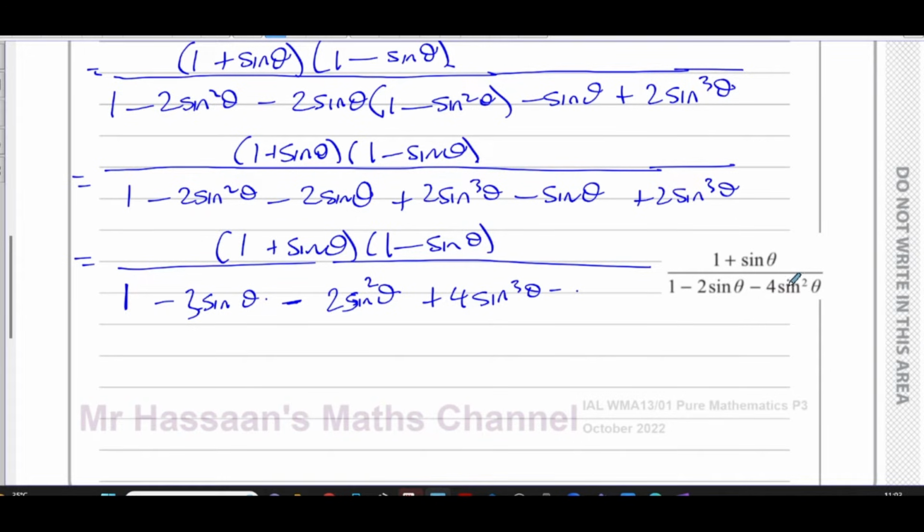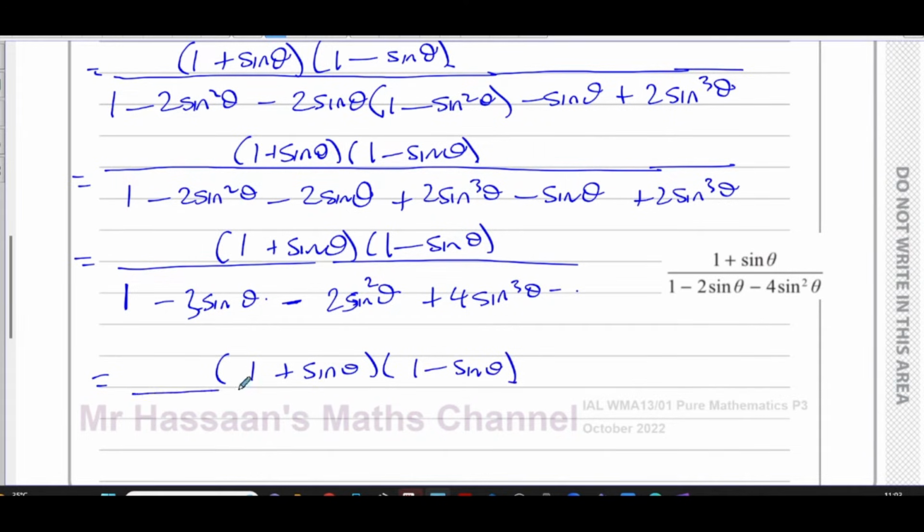Well, I'm guessing here. I think the only way we can deal with this, if we have to think about factorizing this, is that one of the factors of it must be 1 minus sine theta. If we've done everything correctly, it should work out. So I'm going to write this as 1 plus sine theta times 1 minus sine theta.